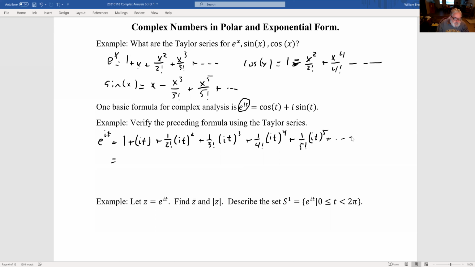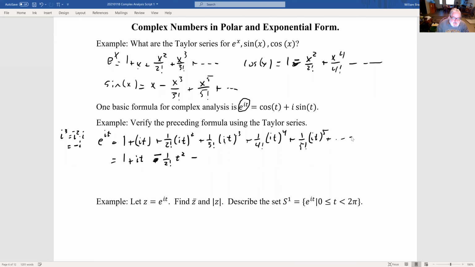Okay, so if we multiply everything out, we get 1 plus i times t plus, well, i squared we know is minus 1, so this is actually going to be a minus 1 over 2 factorial t squared. i cubed, well, remember that i cubed is i squared times i, so that's going to be minus i, because i squared is minus 1.